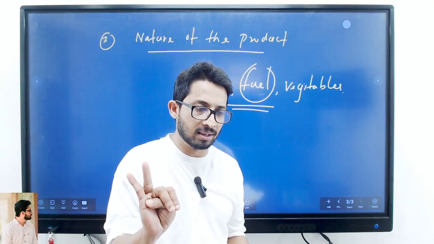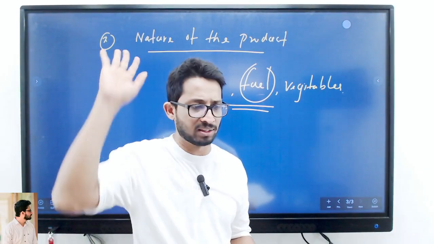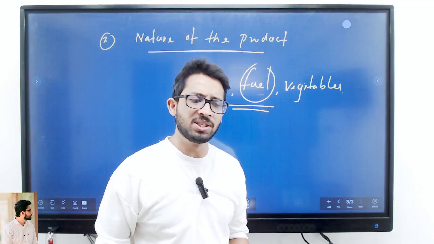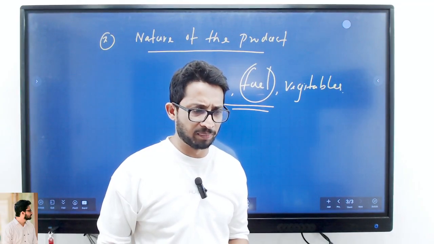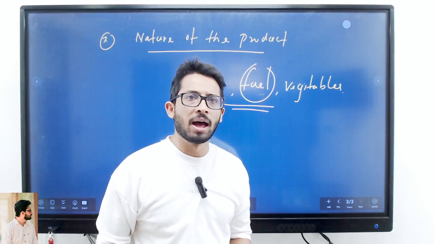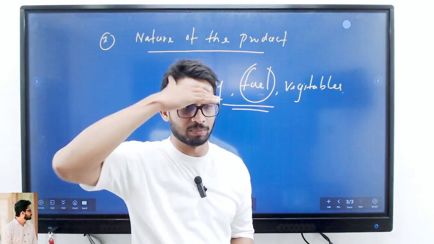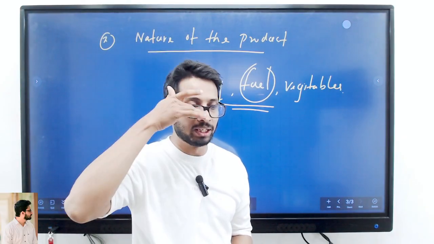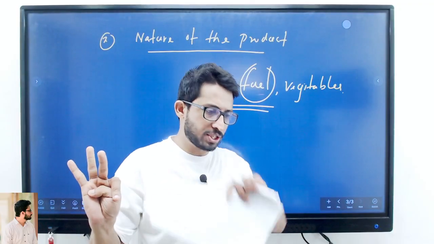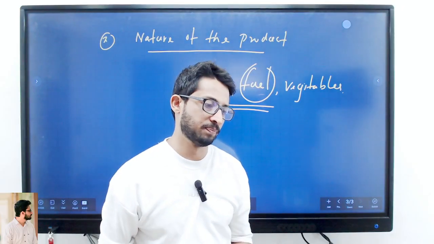The price might also be the same, for example the same price for petrol everywhere in the island. Vegetables and fish too are called identical products. In terms of color, shape, design, quality, and price, everything is the same.